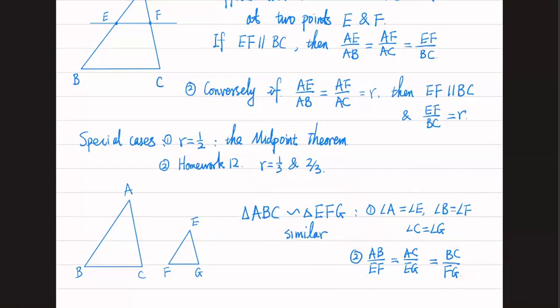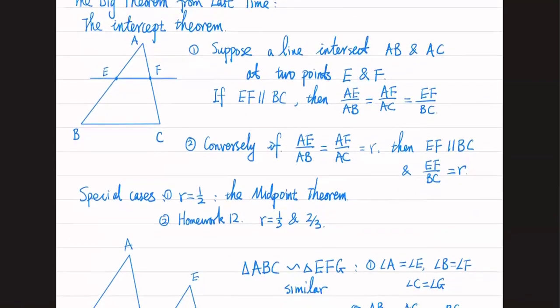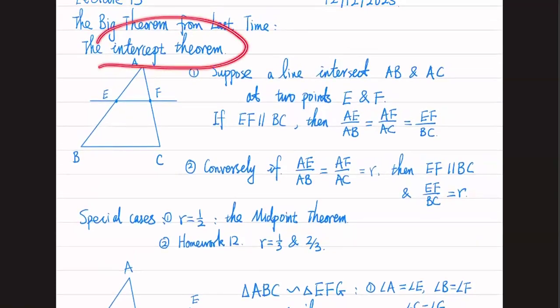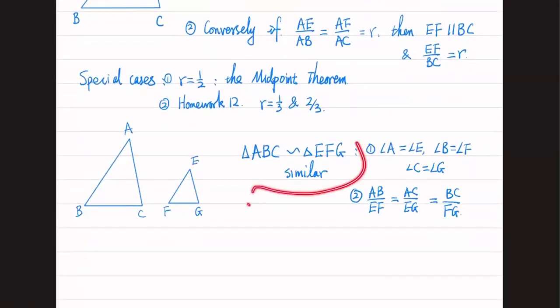If you search this online, you check some books, the order of the two theorems is very important. We cannot use similarity theorems to prove the intercept theorem because the intercept theorem comes earlier than this, and all of our similarity theorems are based on the intercept theorem.